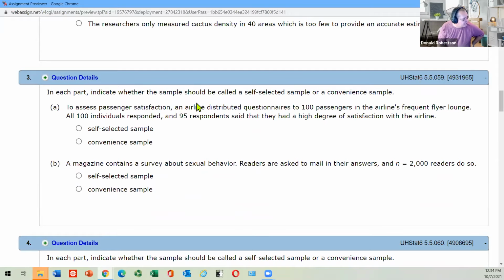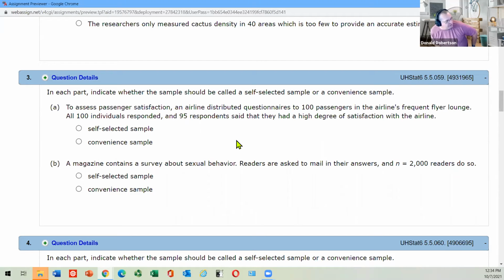Oh, here's some choices. Self-selected and convenience. To assess passenger satisfaction, an airline distributed questionnaires to 100 passengers in the airline's frequent flyer lounge.